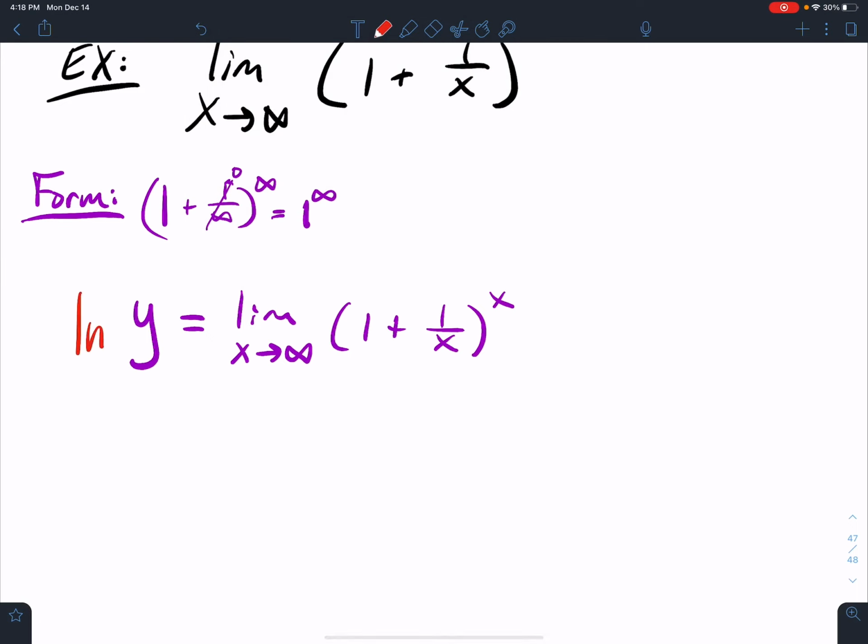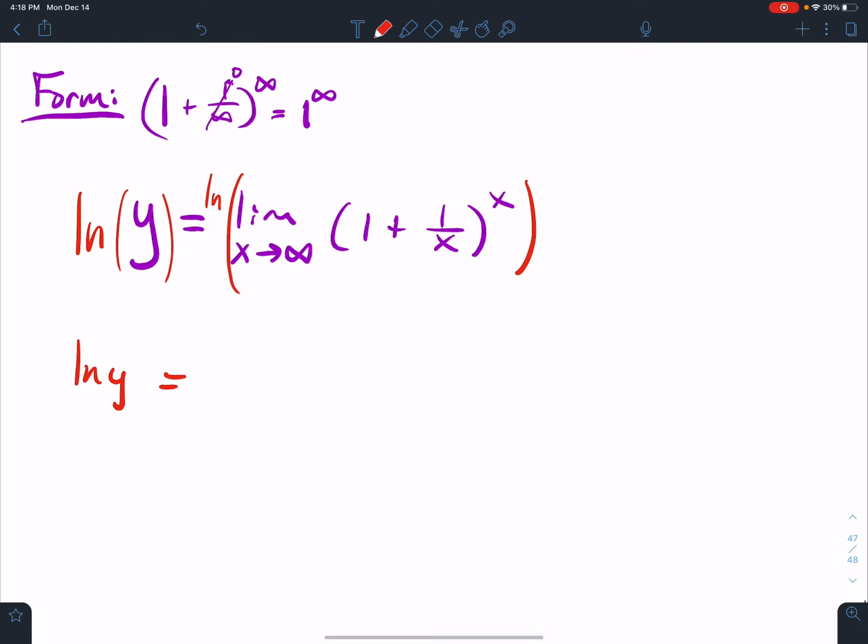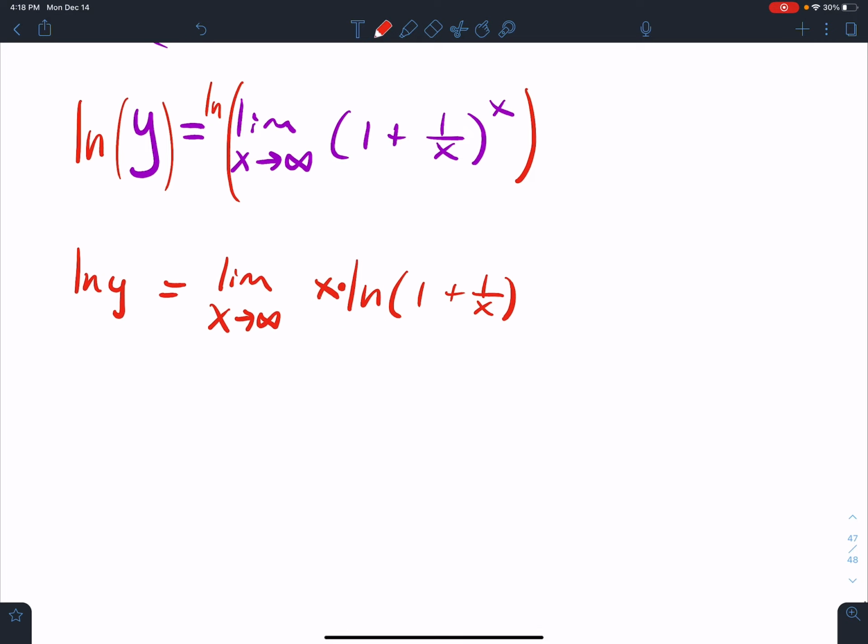So I have the natural log of y is equal to the limit as x goes to infinity of ln of 1 plus 1 over x raised to the x power. What do I know to the exponent? The whole reason I log it is so that I use the power rule and bring the x out front here. So the x comes out front here.